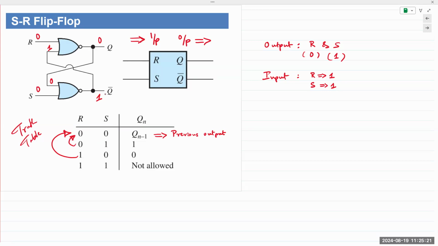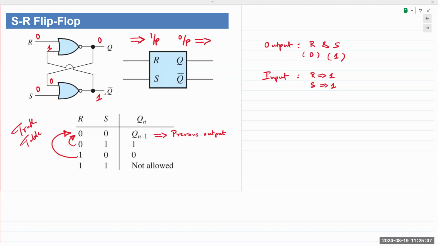Even though the input is now removed, input has changed, the output remains in the previous state. So it has stored that bit of information. And the last state is where it goes bonkers. It doesn't have any idea what to do. And so it's not allowed because we cannot predict what the output would be.